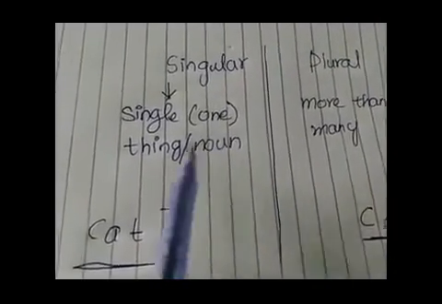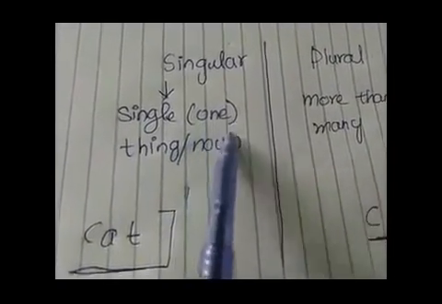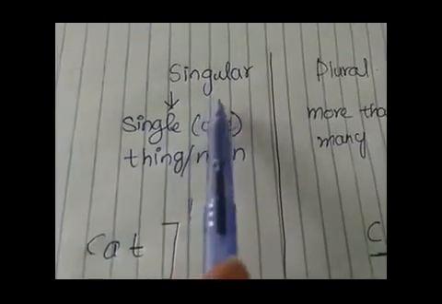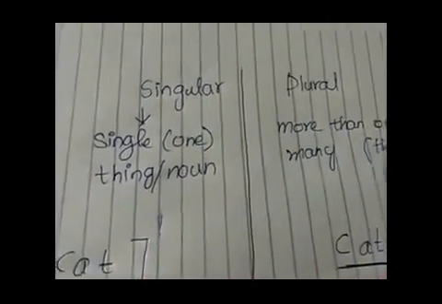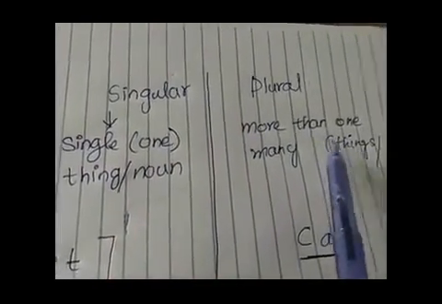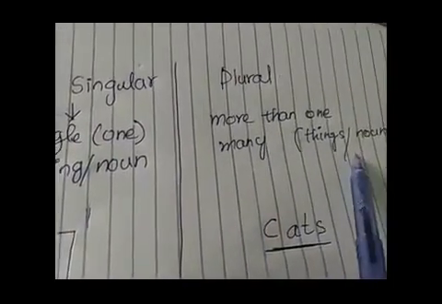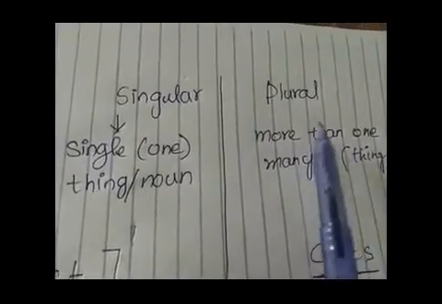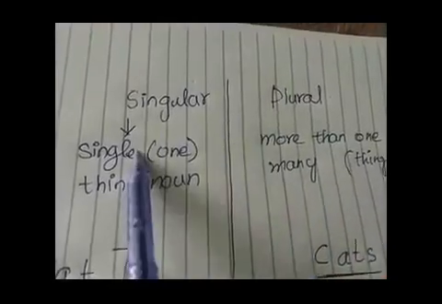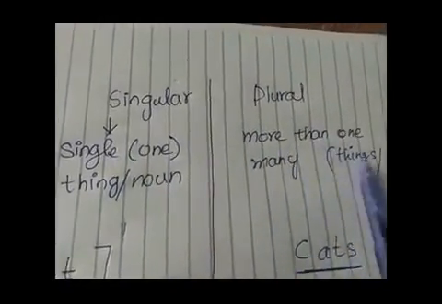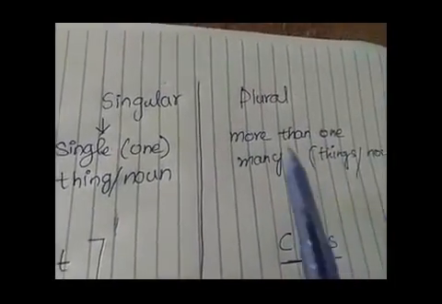So if a thing is single or one in number, it is referred to as singular. If things are more than one or are many things, nouns, then it is going to be plural. So singular, one; plural, more than one or many.